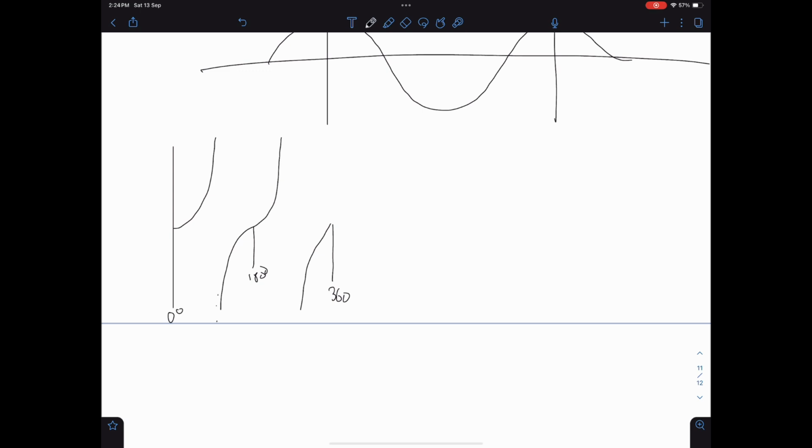And you can see it's got an asymptote at 90 and an asymptote at 270. It's got no amplitude, well, undefined amplitude, because it goes up to positive and negative infinity. And it has a period of 180 degrees.